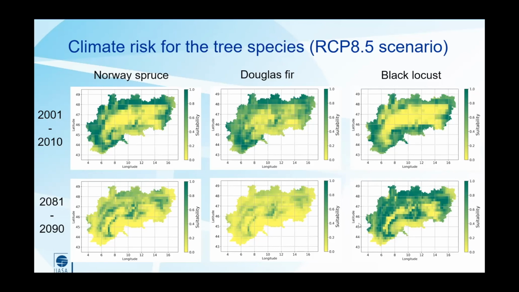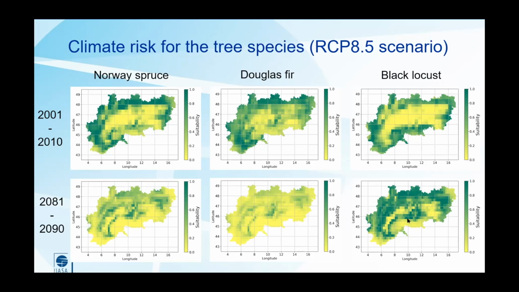And in the second row, the bottom row, you can see the climate for the end of the century. You can see that Norway spruce will disappear from many spaces, despite maybe a mountain area. Douglas fir also will feel pretty bad at the end of the century. Only black locust can more or less survive and even expand its location.